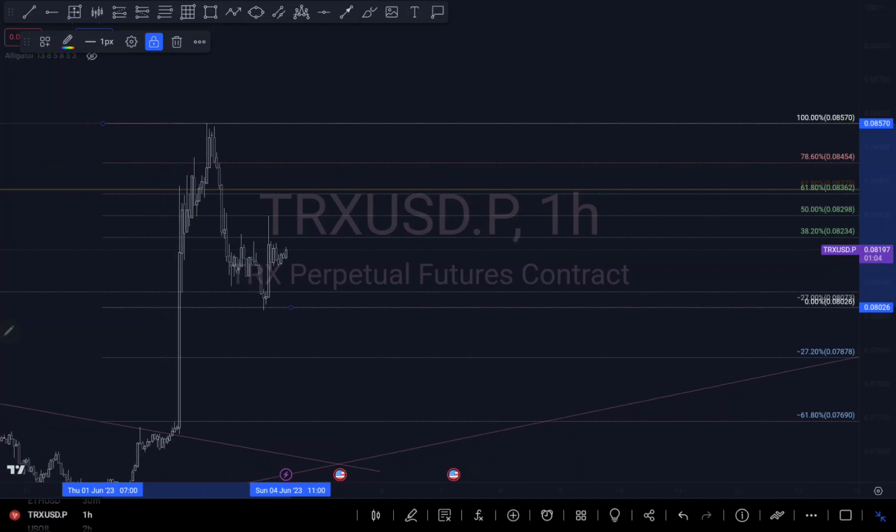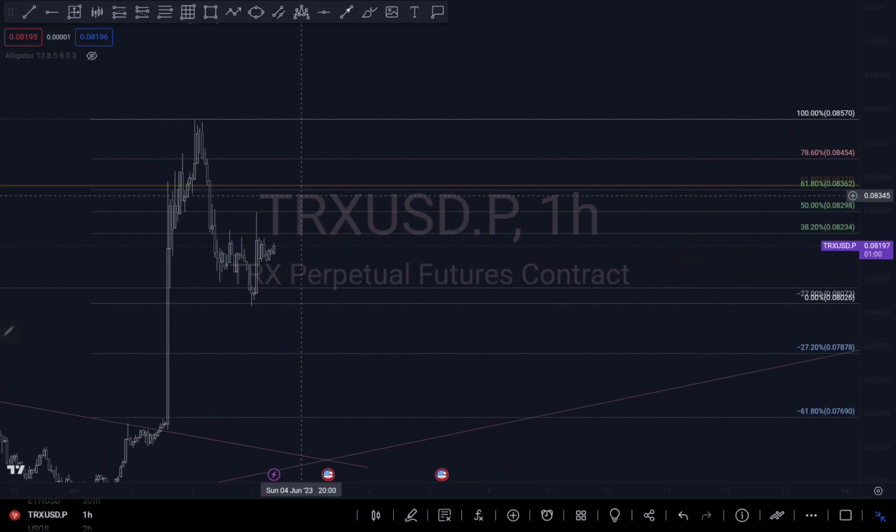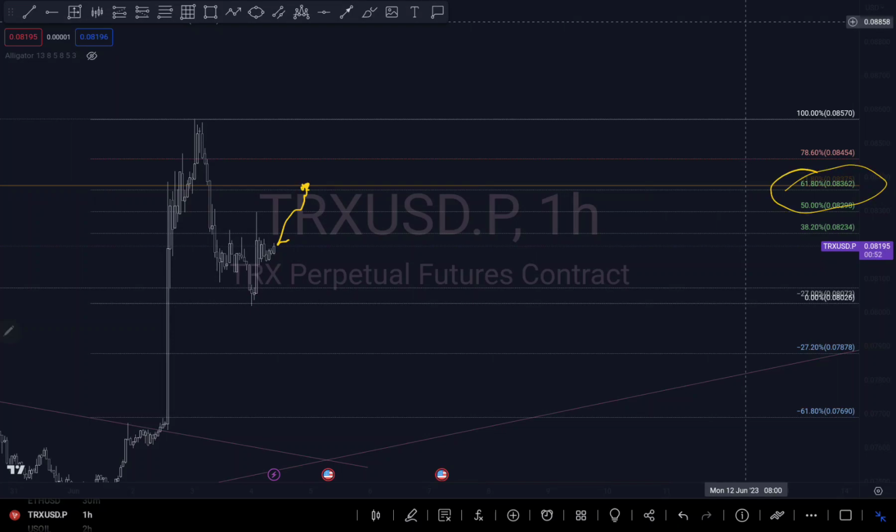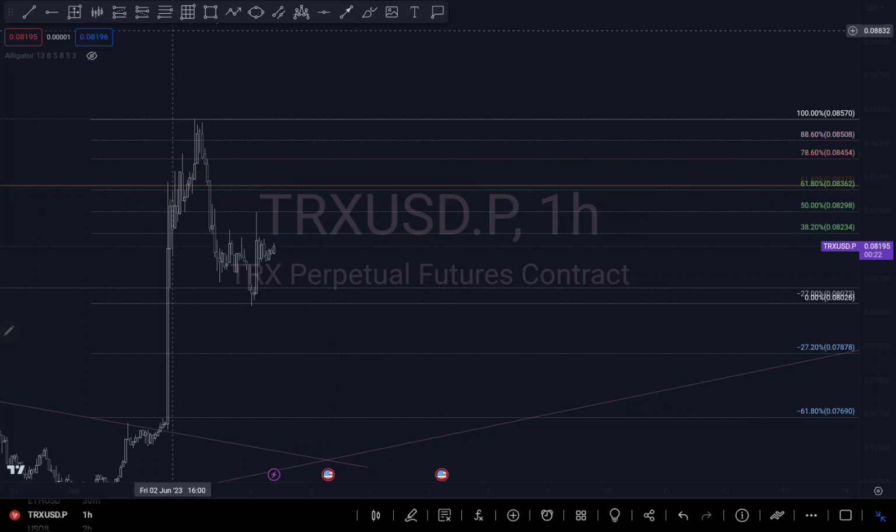I'm seeing a sell, like I said, but I would prefer to at least push up a little bit to this right here around my negative 61.8% fib level. Around that area, then we might not continue to push to the downside.